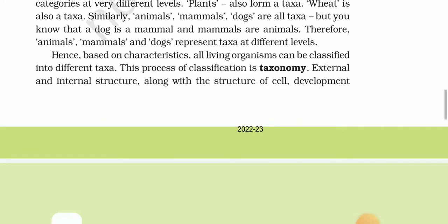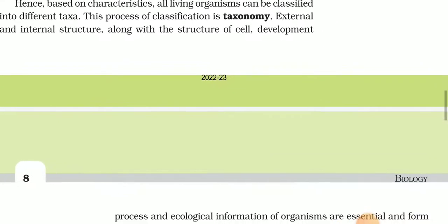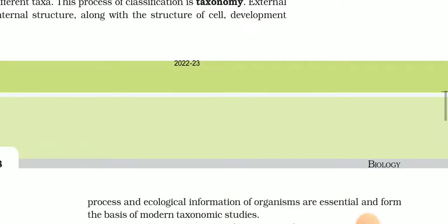The process of classification of organisms into different taxa is called taxonomy. In modern taxonomy, we use certain criteria, and these include external and internal structure, the structure of the cell, the development process, and ecological information of the organism.